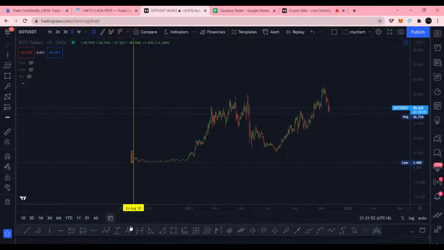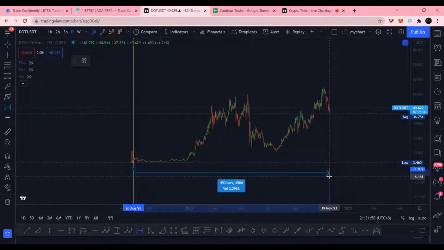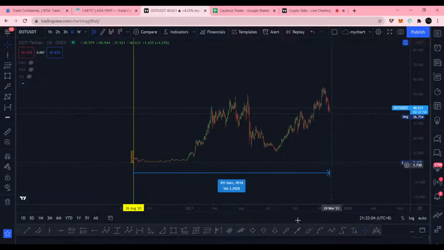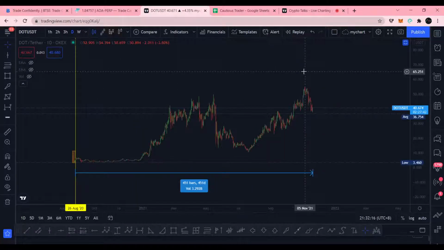From that area to this area, I'm holding it already for about 451 days, which is more than 1 year. Because 1 year is 365, so 1 year and 86 days, or 1 year and 3 months, more or less.